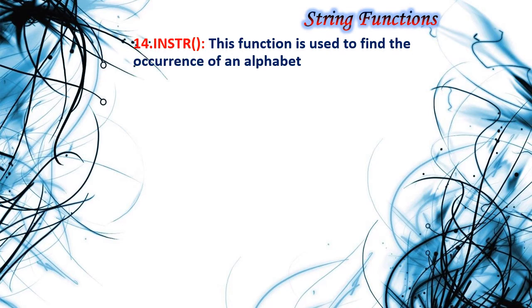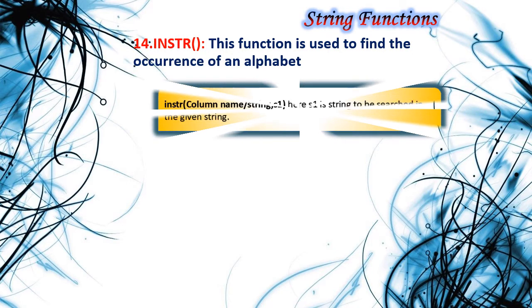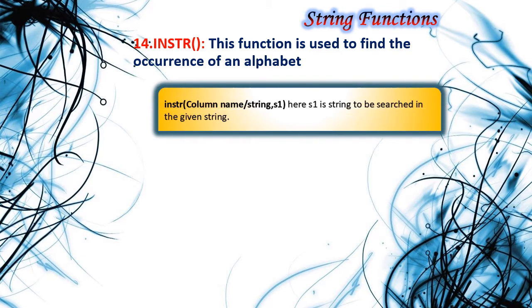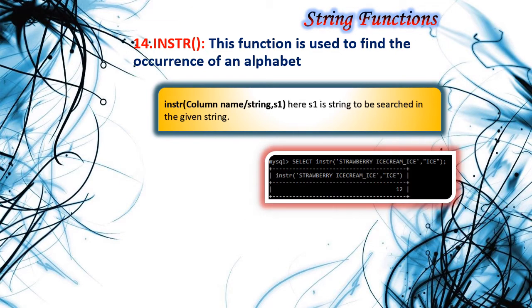The instr function is used to find the occurrence of a string. See, instr column name or string comma s1. So s1 is searched in the given column name or string and its position is returned.